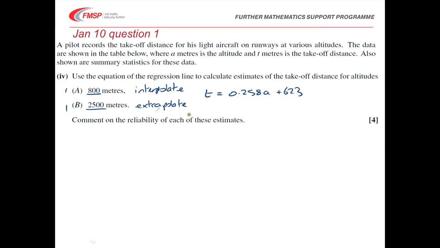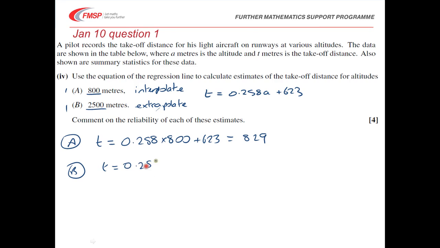So let's do the predictions now. All we need to do is to substitute into your model the value. So 0.258 times 800 plus 623, which is going to give me 829, and for B, substitute in 2500, so 0.258 times 2500 plus 623 is going to give me 1268.